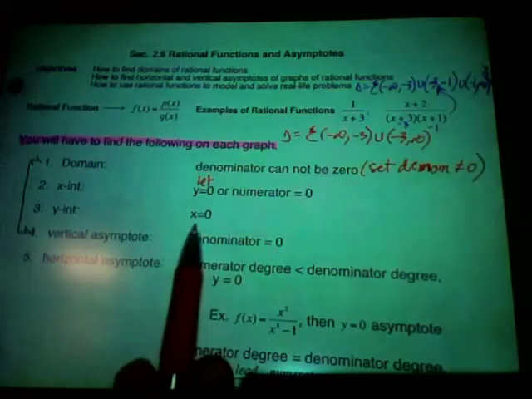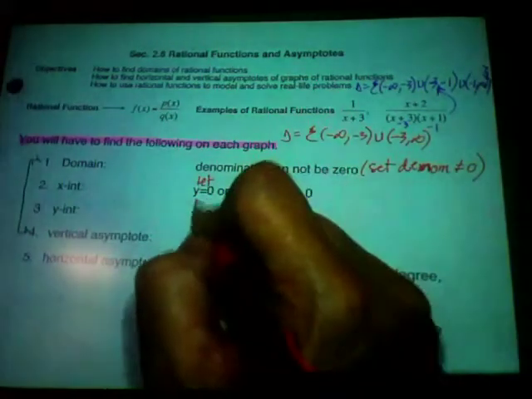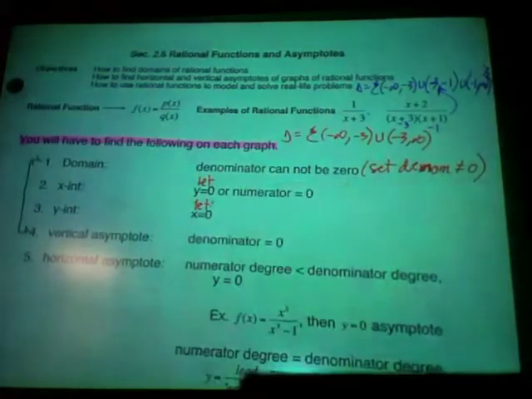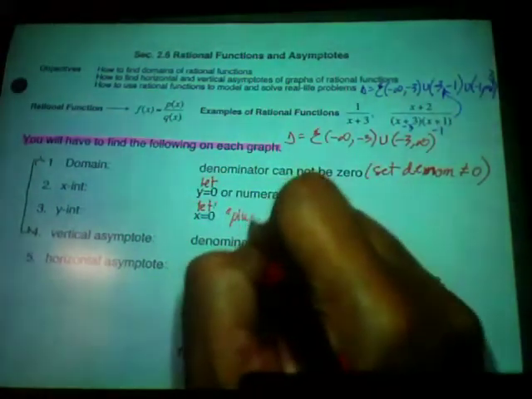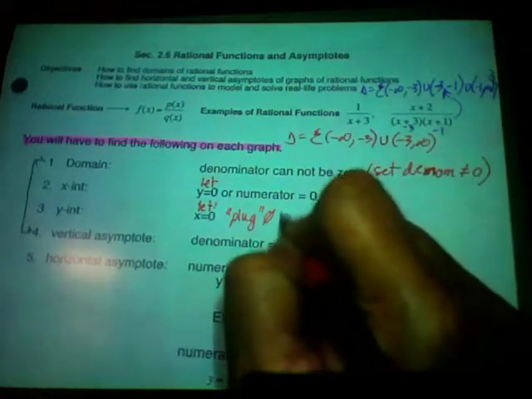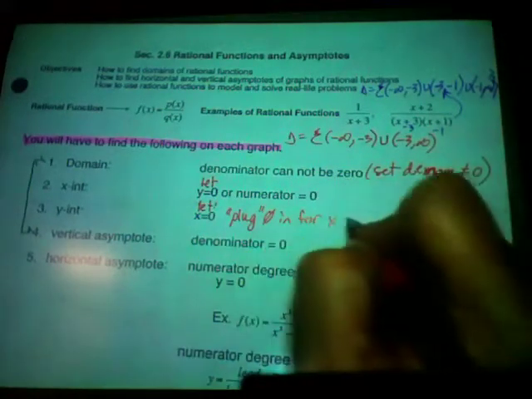On the y-intercept, you're going to let x equal 0, and then you're going to solve for y. This one specifically, you are always going to plug 0 in for x and find y.